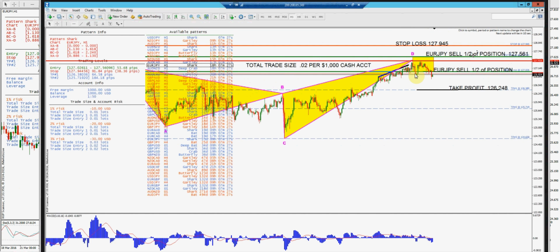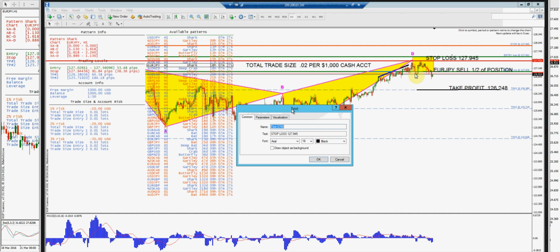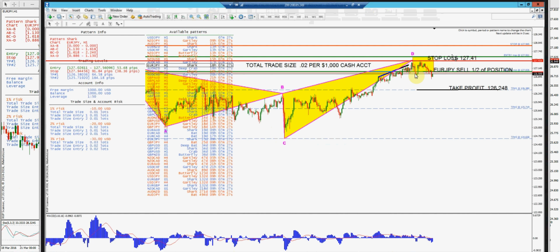You eliminate the other half, it's not going to get there. We're going to take your stop loss and change it to 127,410. There you go.